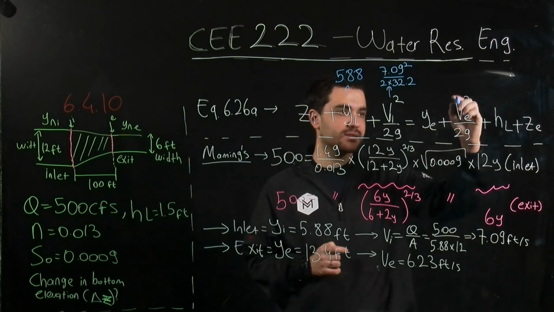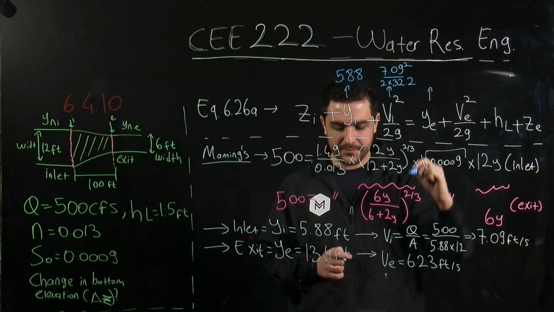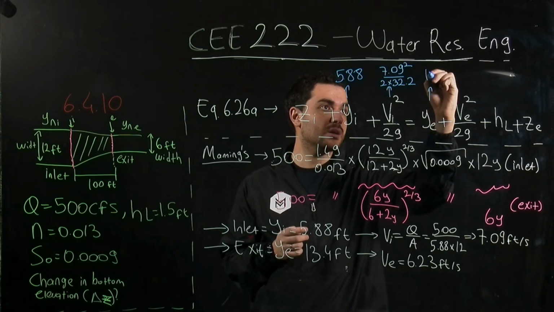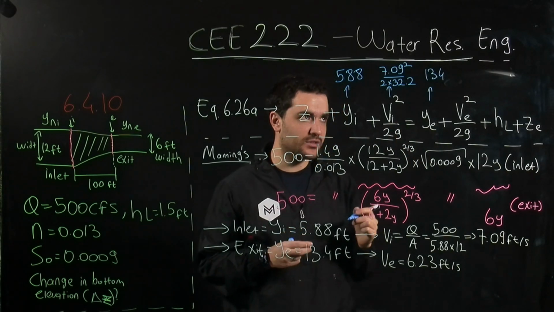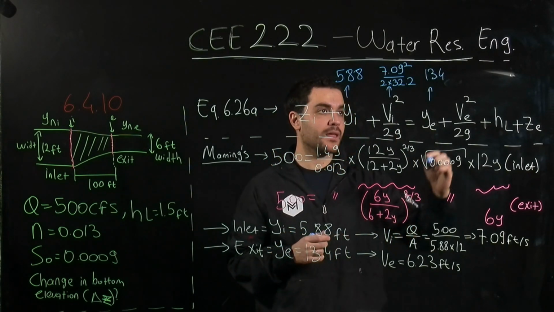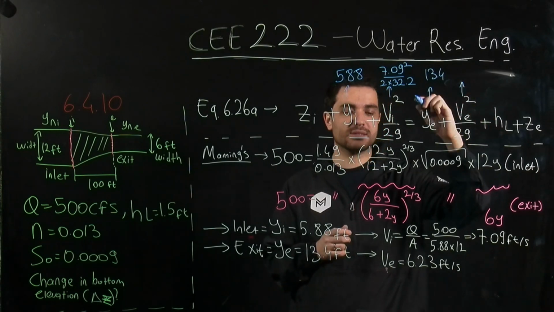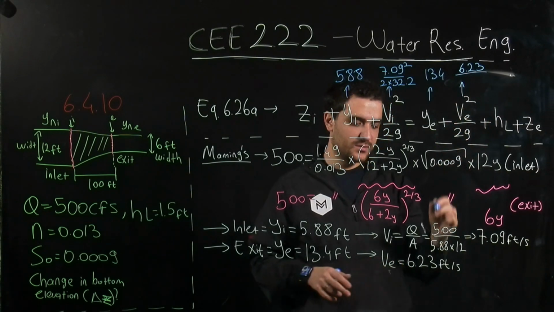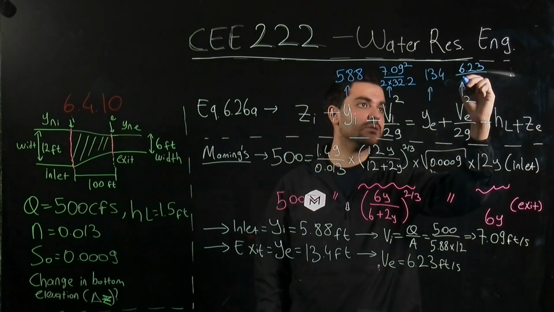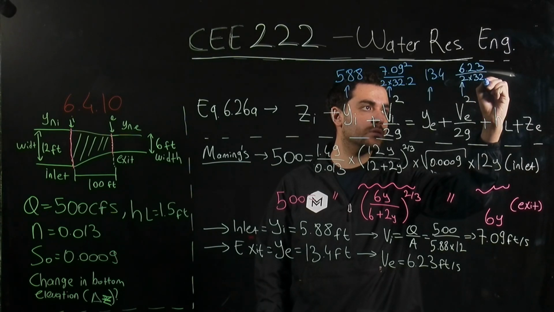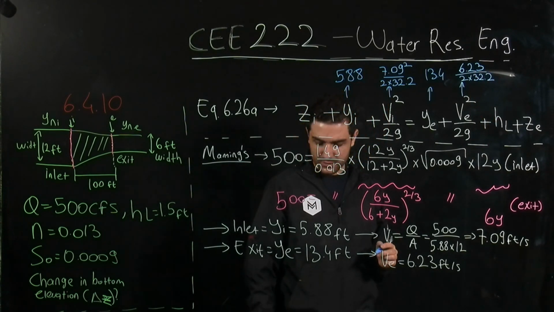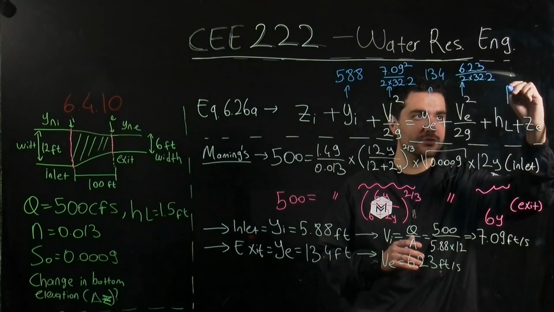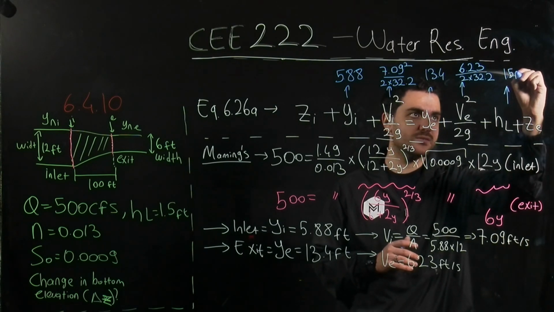On the right-hand side, we have the depth at the exit of the transition channel, which is 13.4 feet. The velocity head is 6.23 feet per second squared over 32.2. And additionally, we have the head loss, which was already given as 1.5 feet.